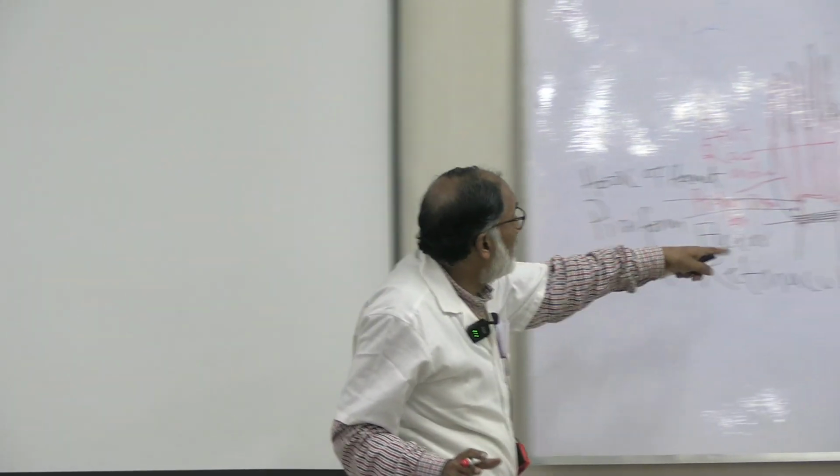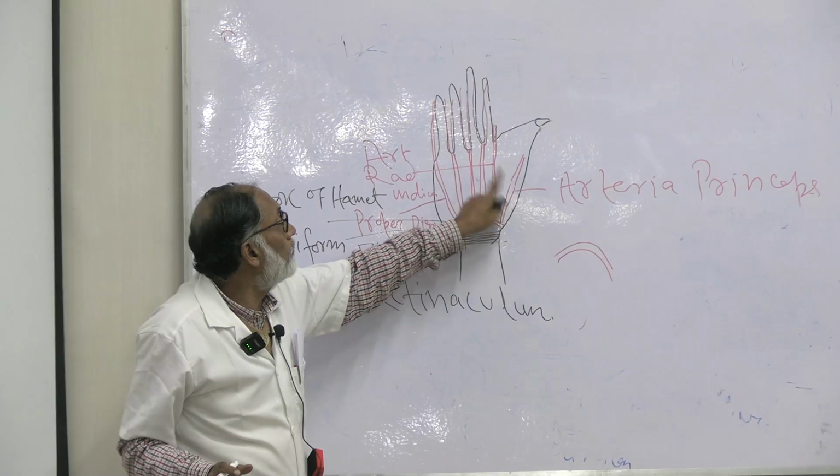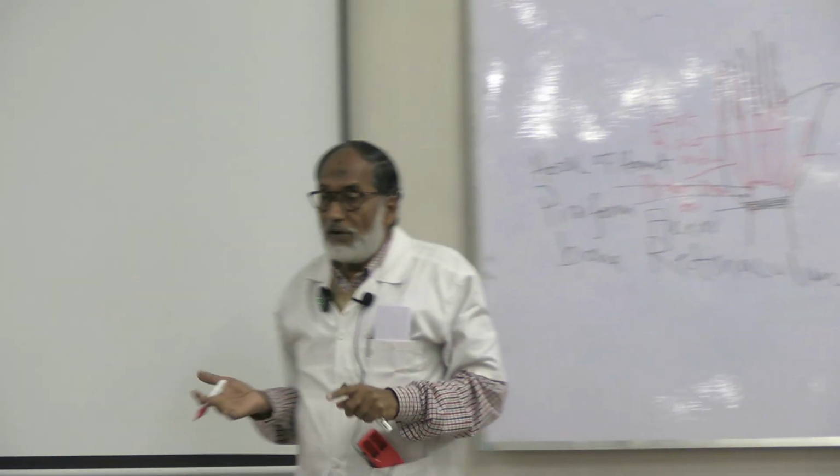Already these two are given off by the radial artery. একটা হচ্ছে arteria princeps, আর একটা arteria radialis indicis towards index finger. So these are the branches from the superficial palmar arch.